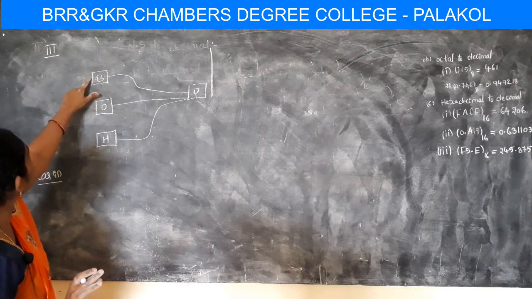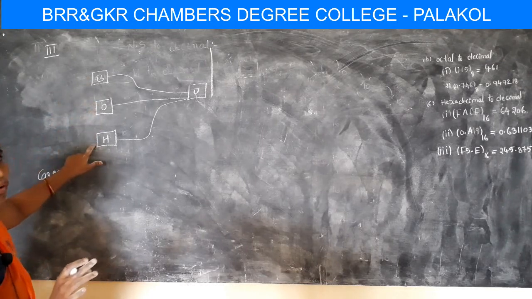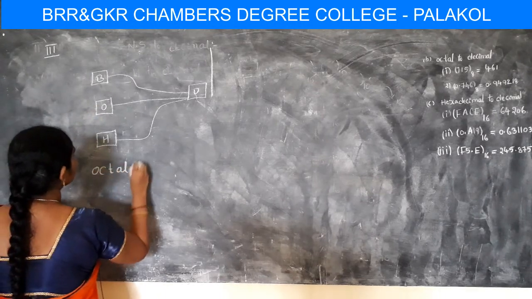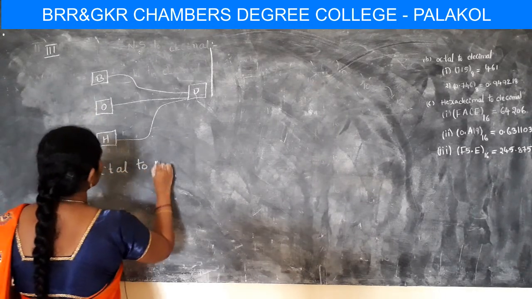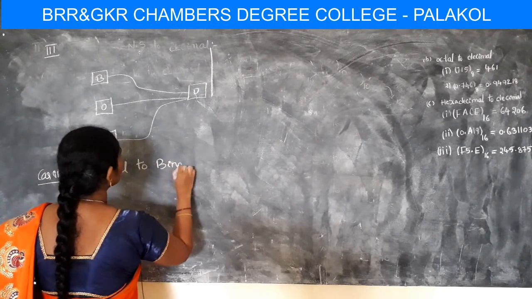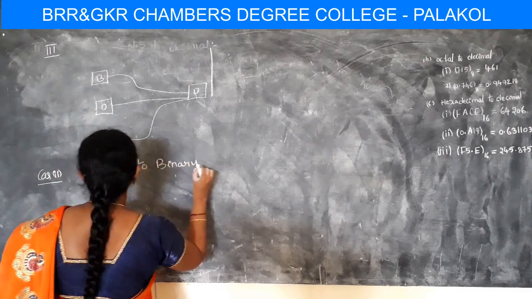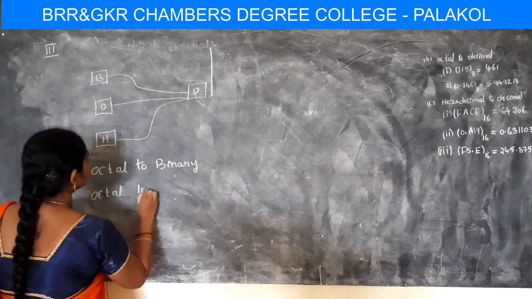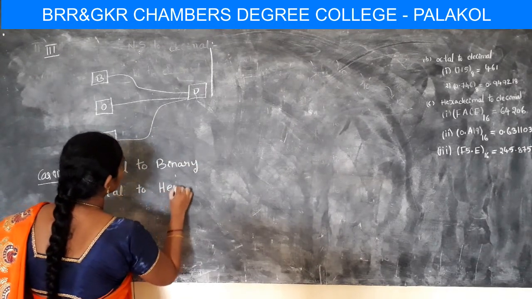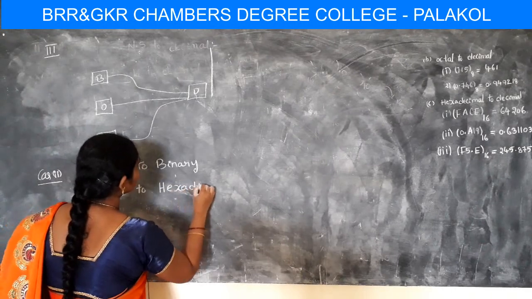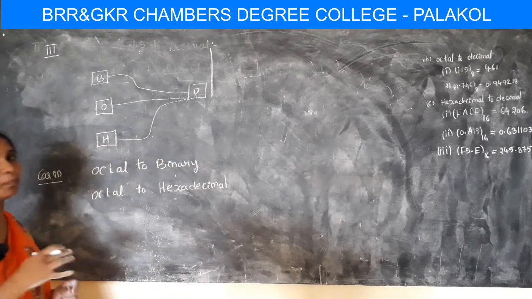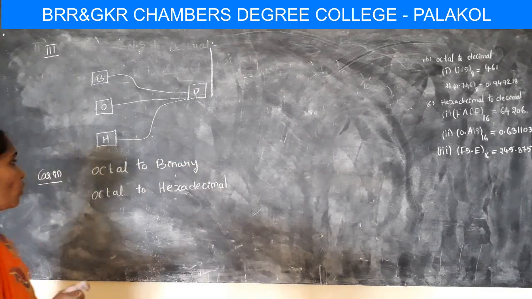Now, octal to binary and octal to hexadecimal. So, octal to binary, next octal to hexadecimal.